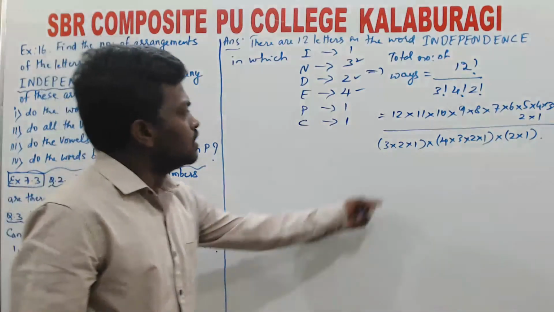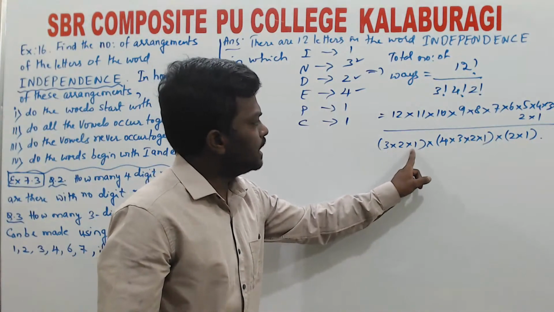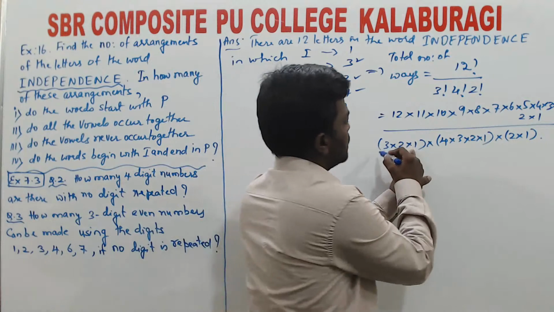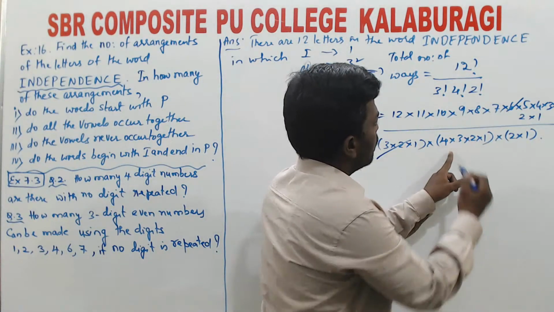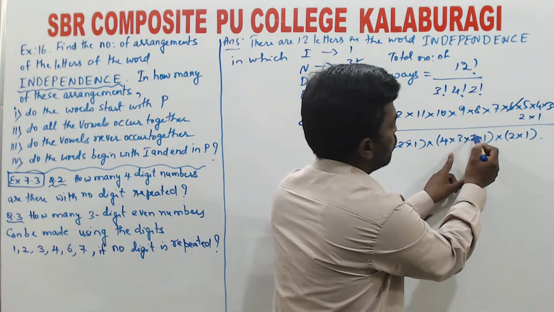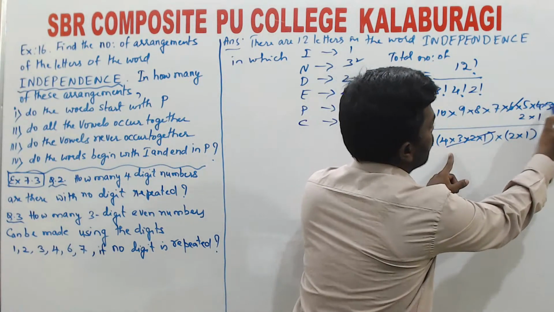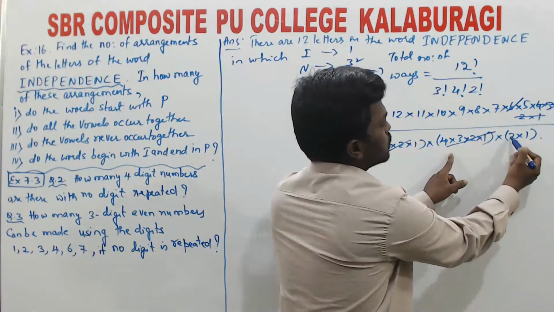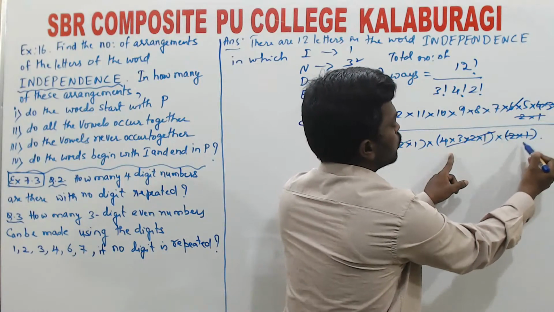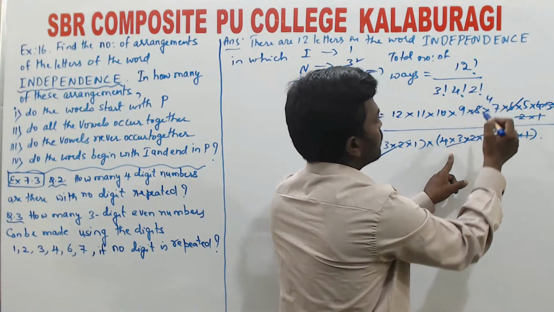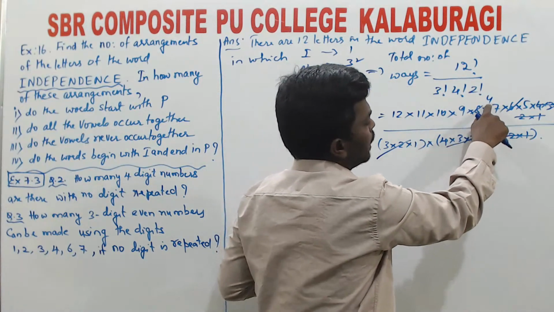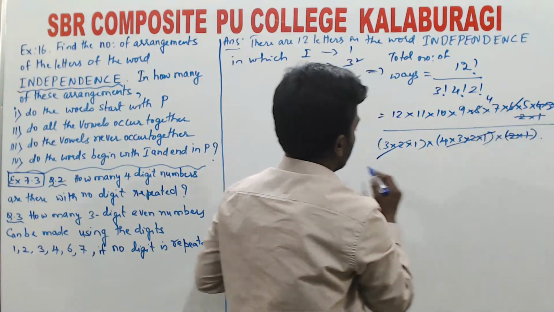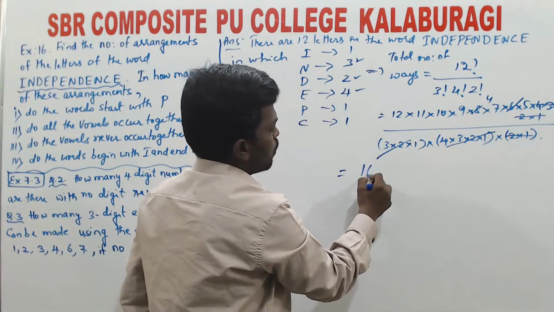Just keep simplifying. 3 twos are 6, so this 6 cancels. Then 4 3 2 1 cancels with 4 3 2 1. The remaining 2 into 1 is 2, and 2 fours are 8. So we get 12 into 11 into 10 into 9 into 4 into 7 into 5.